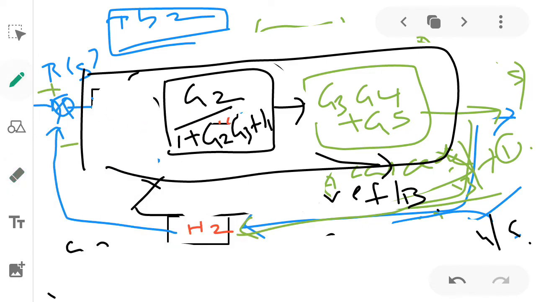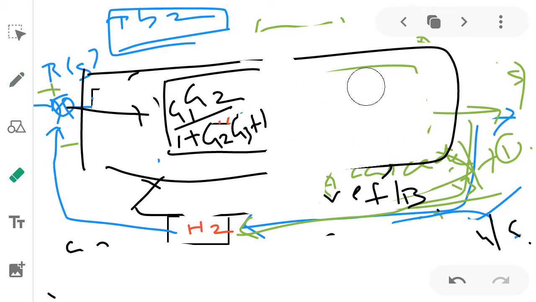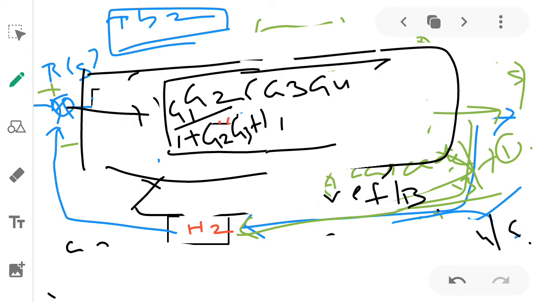G1, let's multiply. These two are again in cascade, so we have to multiply. So G3 G4 plus G5.